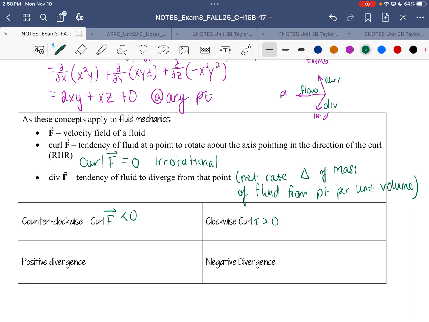So it'd be like if you had maybe a source, clockwise rotation would be the motion around it, like how much is rotating around that point, versus counterclockwise rotation.